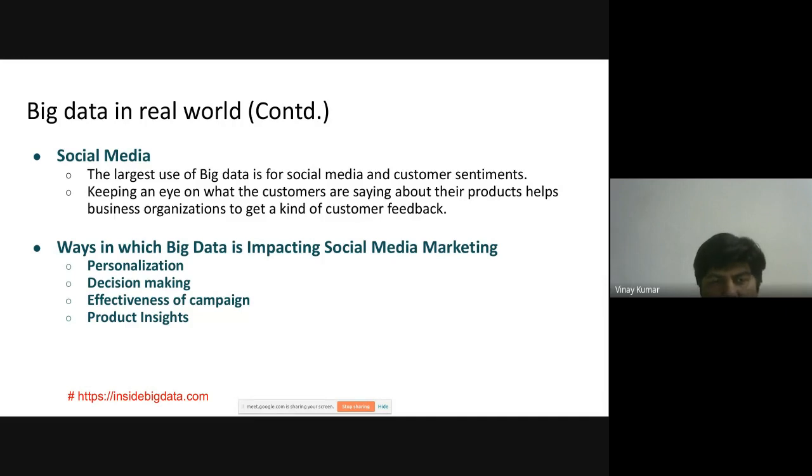For example, personalization. Big data enables personalization, allowing brands to approach their customers in a more personalized way based on their choices and likes.